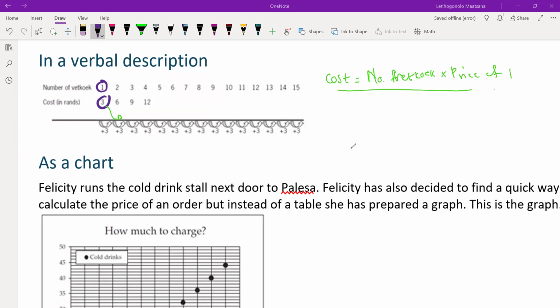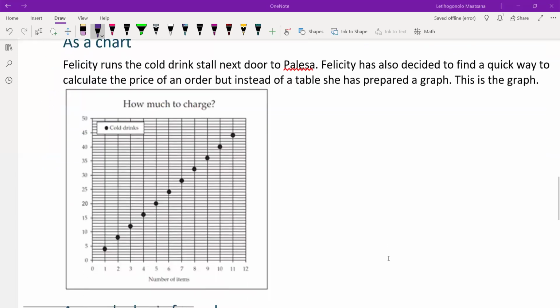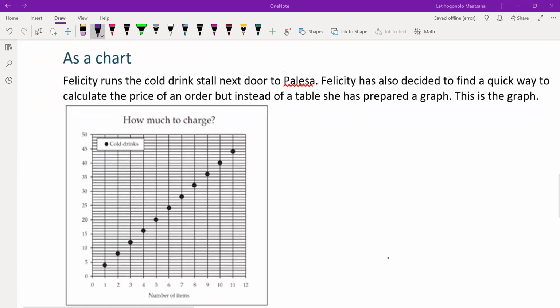Let's look at the representation of a chart. It says that Felicity runs the cold drink stall next door to Vanessa. Felicity has also decided to find a quick way to calculate the price of an order, but instead of a table, she has prepared a graph.